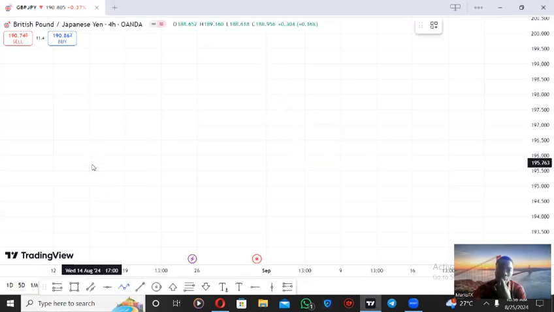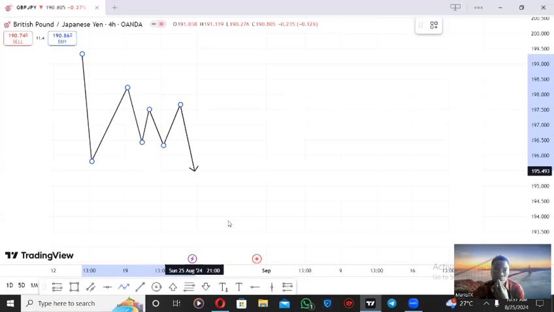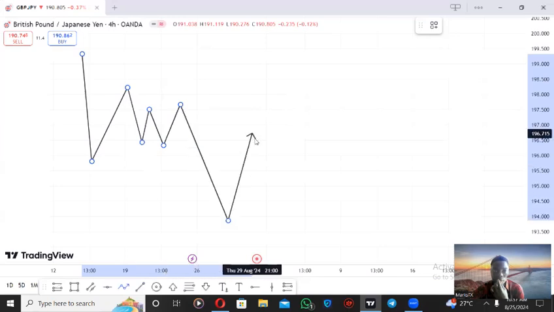If you see price doing this, coming down, and then push up, and then you start seeing price doing this, okay? You start seeing price doing this.